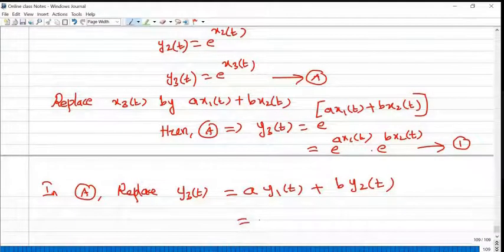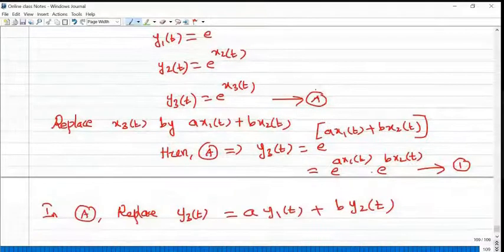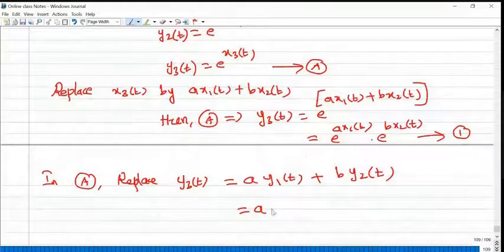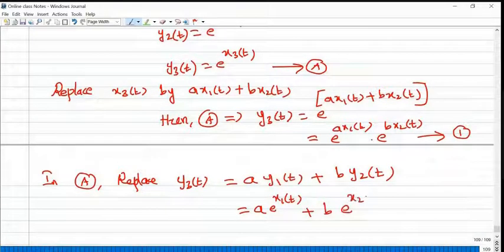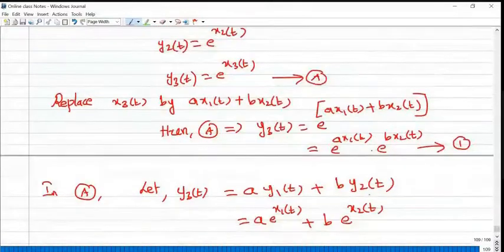So we know that in this example, y1 of t equal to e power x1 of t, so a e power x1 of t, plus b y2 of t equal to b e power x2 of t. Let y3 of t equal to a y1 of t plus b y2 of t. So y1 of t we derived, y2 of t we derived. Now consider this expression as equation number 2.